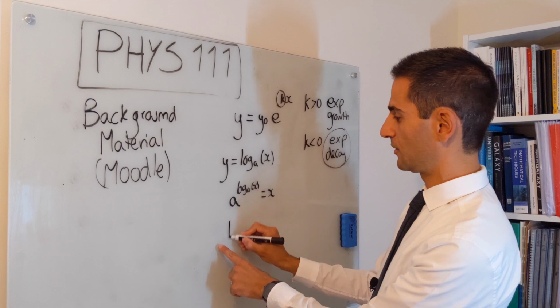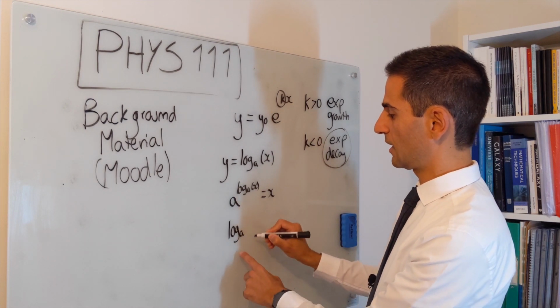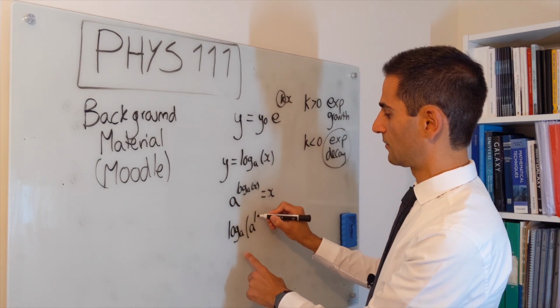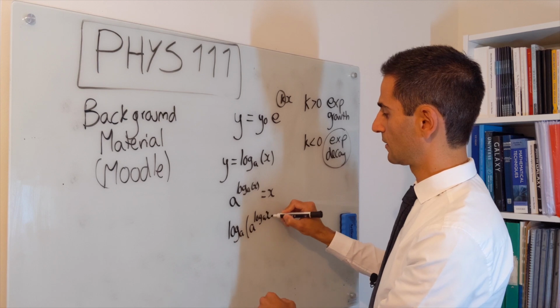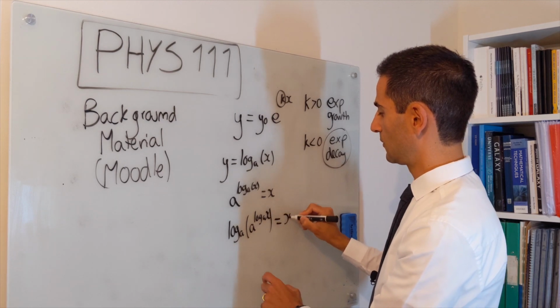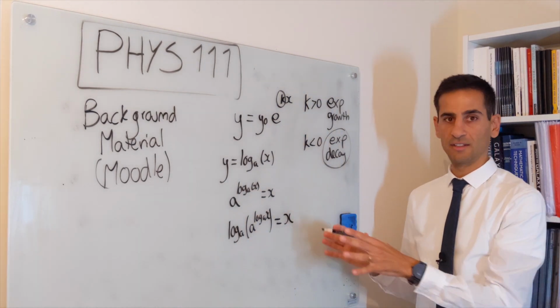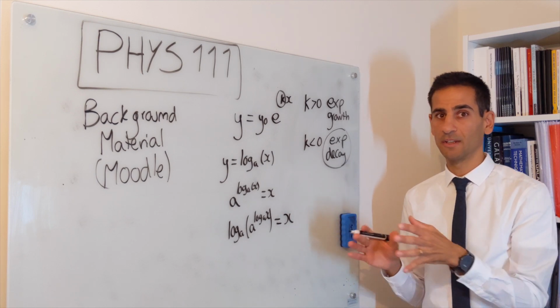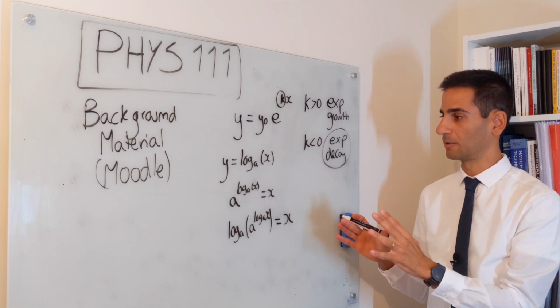In the same way, if you take the log base a of a to the power of x, you also retrieve x. Properties like these should be something you're familiar with, and if not, make sure you recap them.